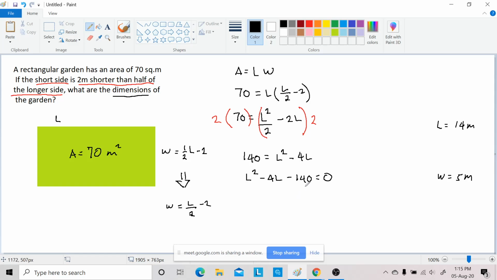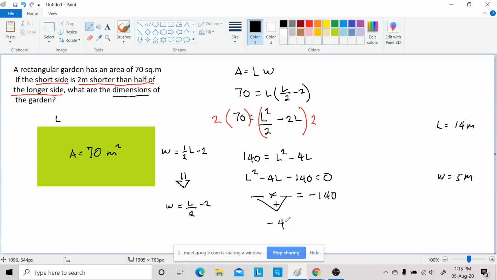Next, factorize. How do we factorize this one? Non-perfect square type 1. Okay, so blank times blank equal to negative 140, and adding them together becomes negative 4.